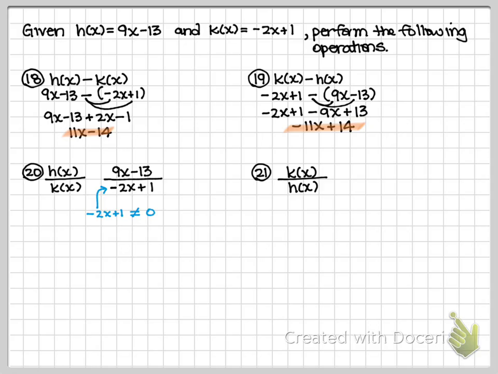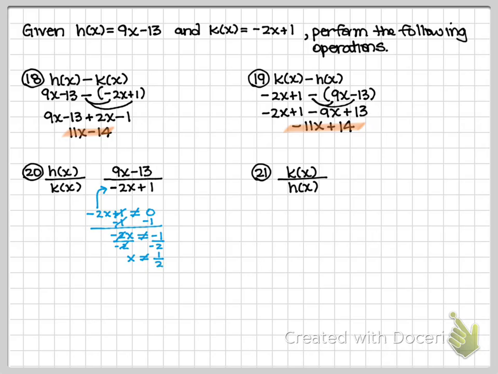So I'm just going to solve for x here. I'm going to minus the 1 to the other side, just like I normally would. I'll get negative 2x cannot equal negative 1, 0 minus 1. I'm going to divide by negative 2. X cannot equal a half.